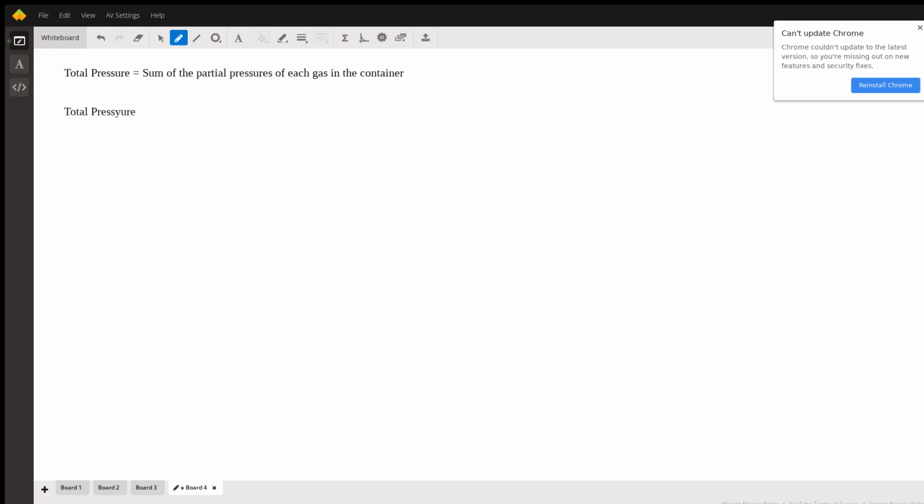So total pressure is the partial pressure of N2O plus the partial pressure of ClF5, and that would be 0.366 atmospheres plus 0.117 atmospheres. So it would be 0.483 atmospheres.